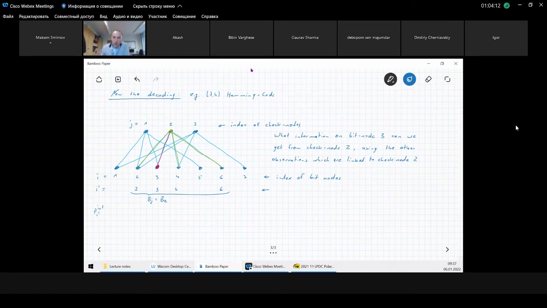So basically, this is the union of the bit nodes being linked to check node J. So bit nodes linked to check node 2, check node J, here J = 2.